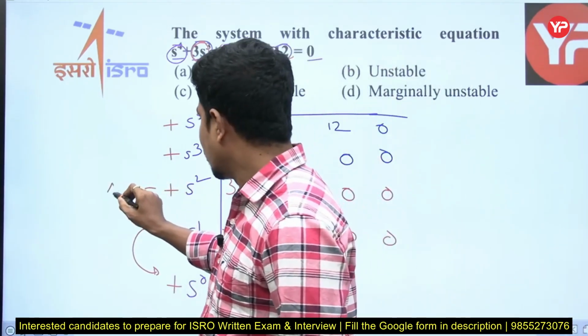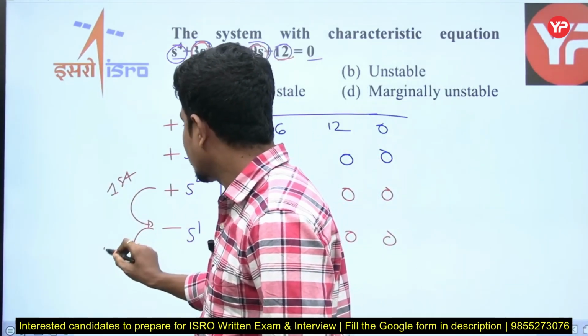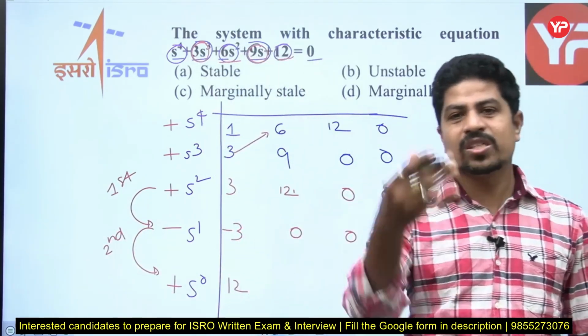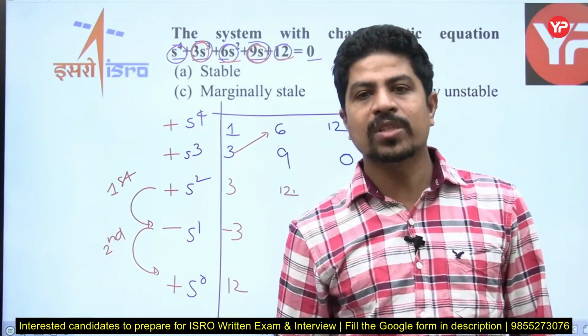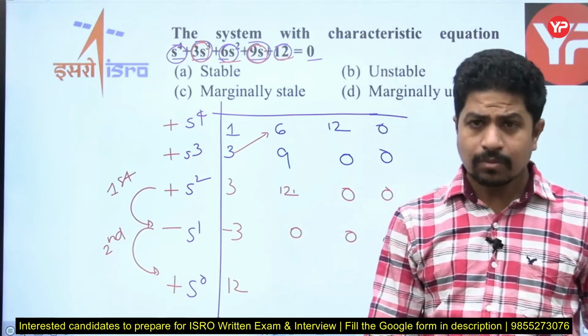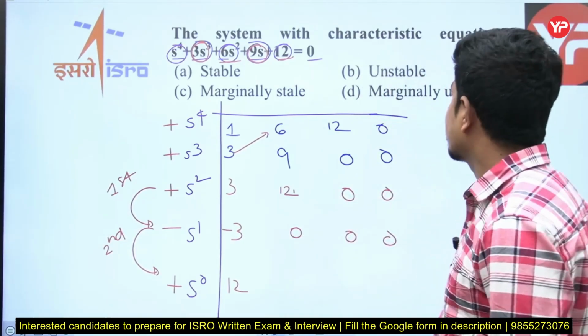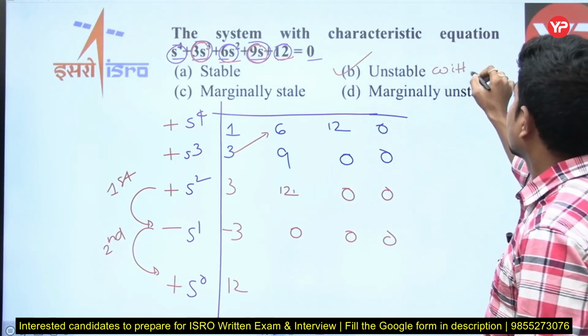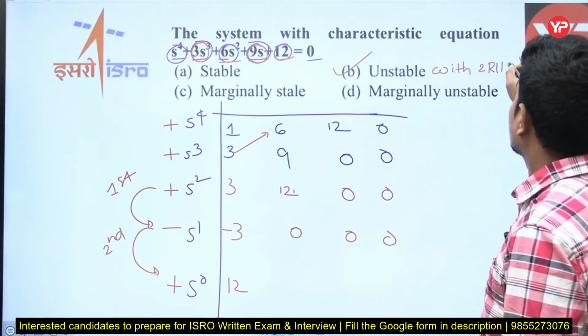This is the first sign change and this is the second sign change. There are two sign changes in the first column of Routh array. Right? Yes or not? It is unstable with 2 RHP. Unstable with 2 RHP. 2 right hand side poles.